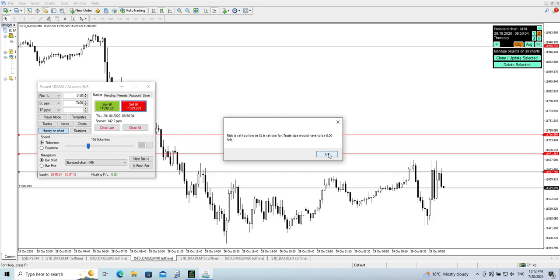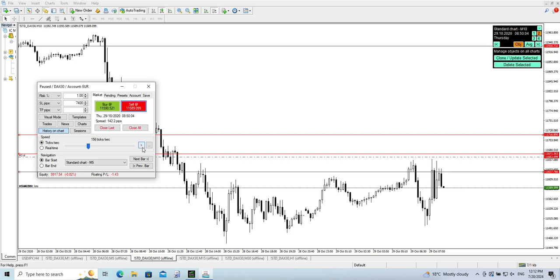Take profit too low or stop loss is set too far. Right, that's probably because the lot size is less, risk 1%. There we go. Let's see what happens. Stuff it. We'll just go next bar.